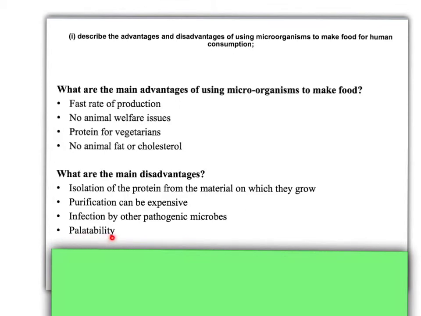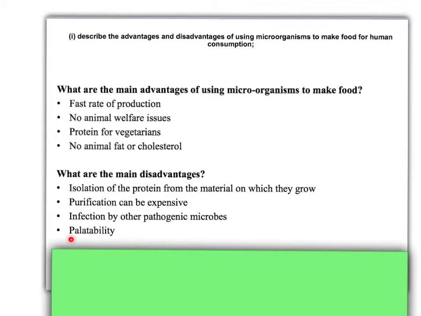If you've ever tried the vegetarian bolognese sauce on offer at lunch, which is made of Quorn, which is a trade name for a mycoprotein, the texture isn't the same as what you would be used to in the normal mince you'd get in normal bolognese sauce. So that's what palatability means: texture and taste isn't as nice as traditional meat products.